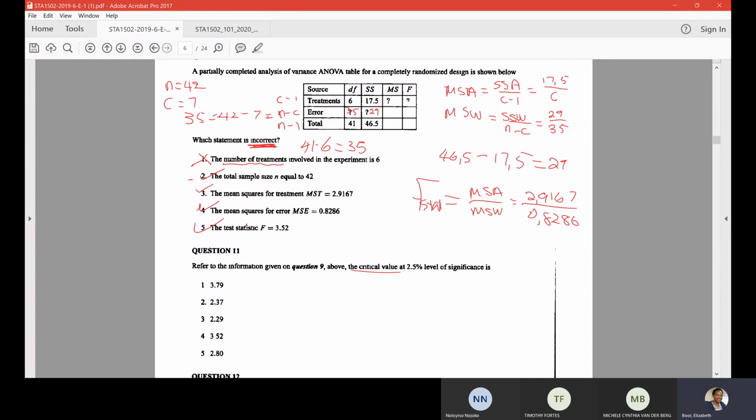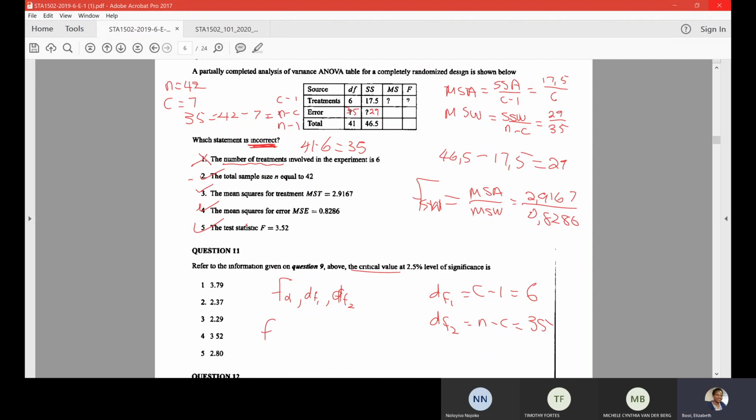So for this, you're going to use F alpha and degrees of freedom for 1 and degrees of freedom for 2. We know that the degrees of freedom for 1 is C minus 1, which was 6, and the degrees of freedom for 2 is N minus C, which is 35.